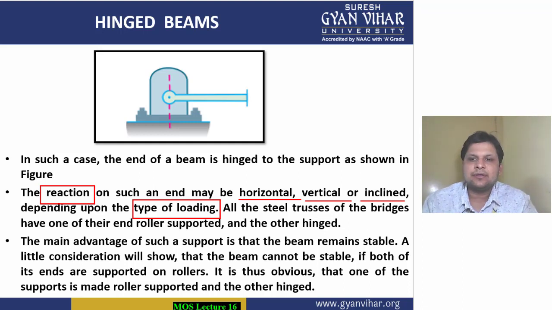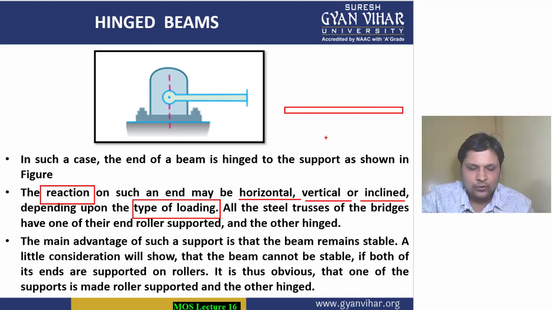All the steel trusses of the bridges have one of their ends roller supported and the other hinged. If we look at the steel trusses of a bridge, you will find that one end has a roller support, and the other is a hinge support.